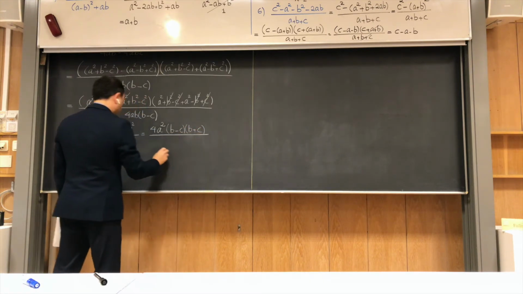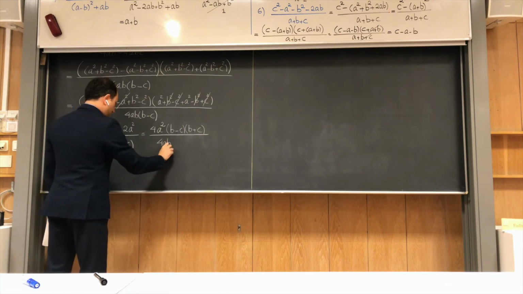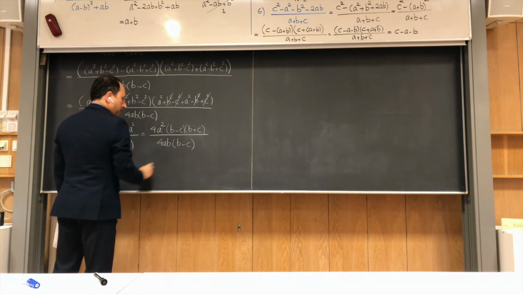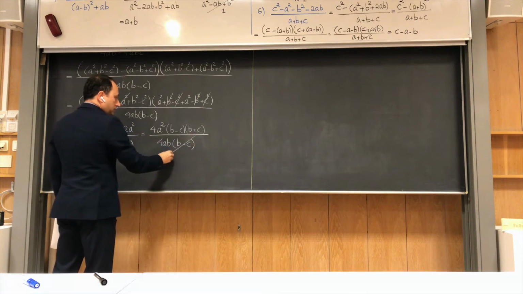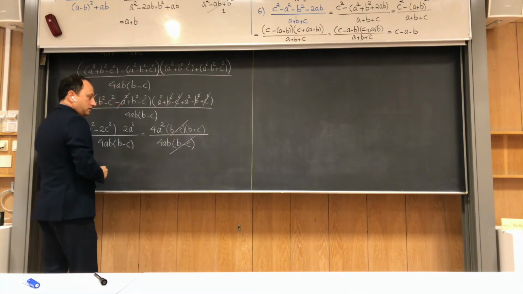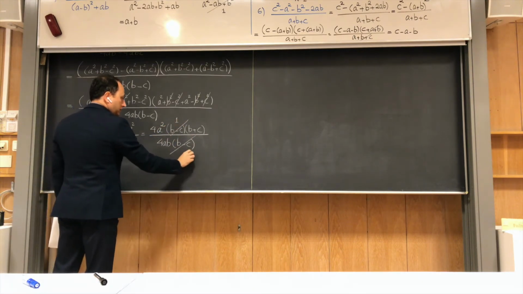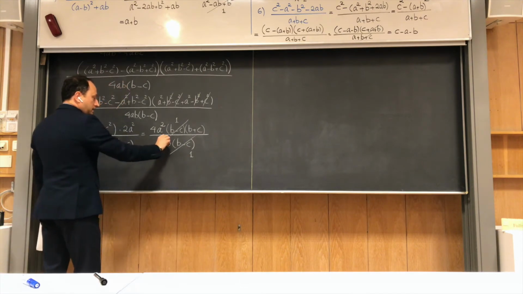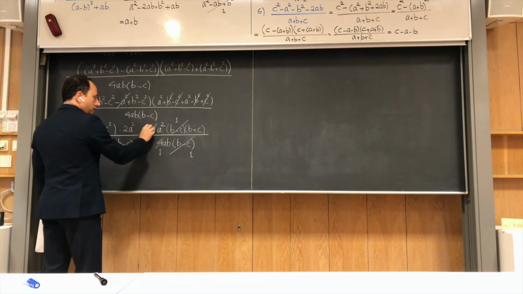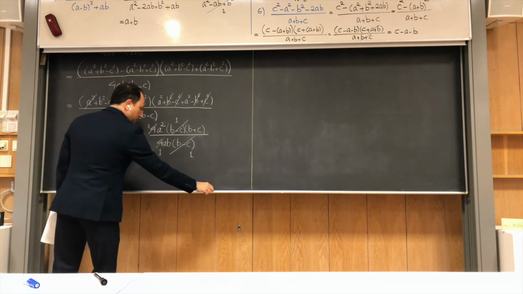And I divide this by 4ab times (b minus c). But then this b minus c and this b minus c are cancelled. So one is left from here, one is left from there. This 4 and that 4 are gone. One here, one there.